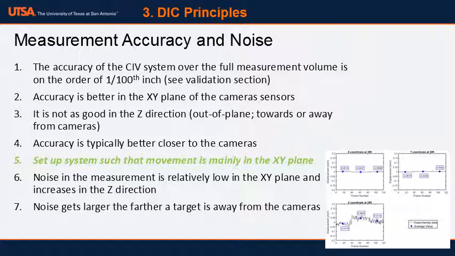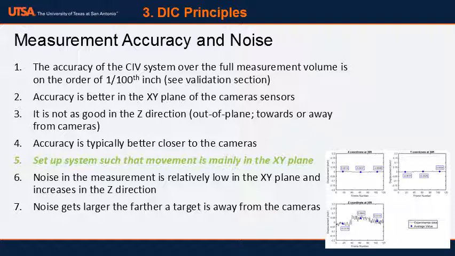So, a bit about measurement accuracy and noise. The accuracy of the system, as I'm going to show later, is on the order of 1/100 of an inch, 1 to 2, 3, depending on where you're at, 1/100 of an inch. The accuracy is certainly better in the XY plane of the camera sensors.